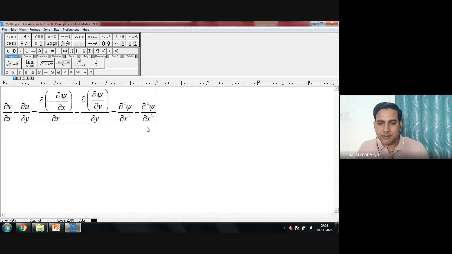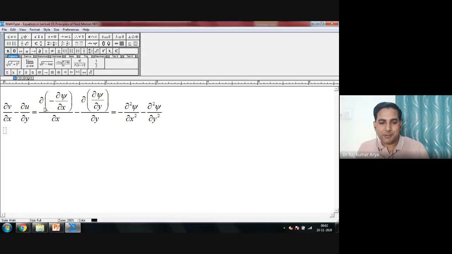Del square psi upon del y square. Are they zero? Is it coming zero? No, it's not coming zero. Correct or not? Now let's see in terms of velocity potential.